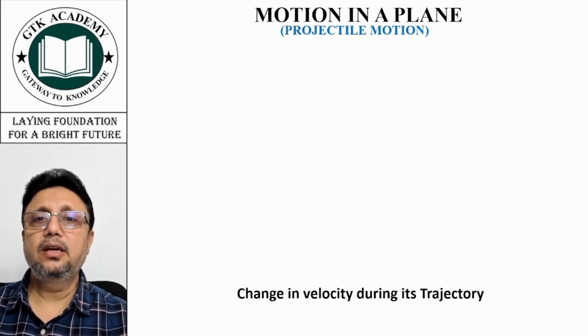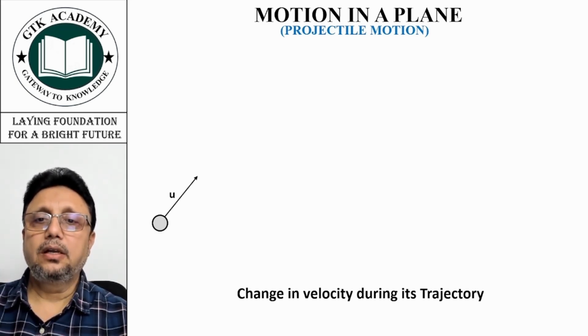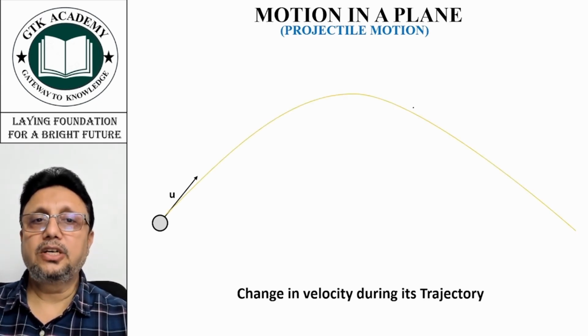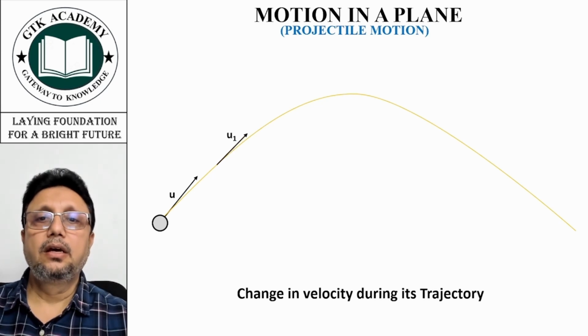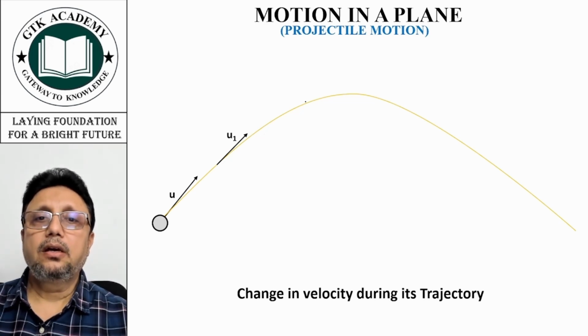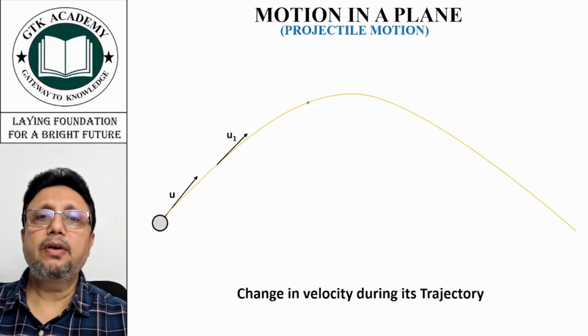During the trajectory, the velocity is going to change, be it in magnitude or in direction. Now, your velocity is in this direction, and this is the trajectory. So you will have, at any point, different velocity. And if you want to find velocity at any point, we have to just draw a tangent here.